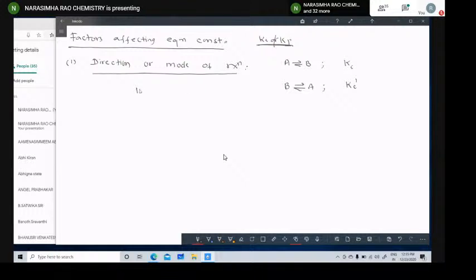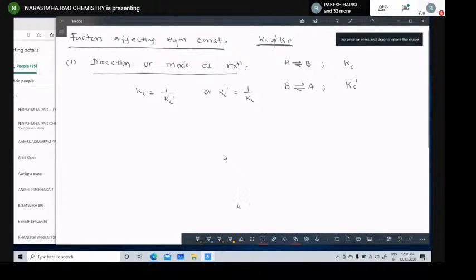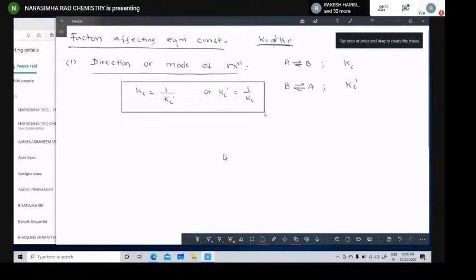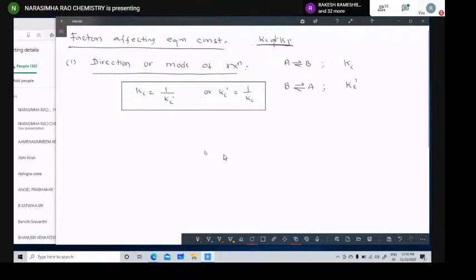Reminder, children: Kc is equal to 1 by Kc dash, or Kc dash is equal to 1 upon Kc, the inverse value. Reminder, whenever the forward reaction Kc value is x, for the reverse reaction it is 1 by x. Banu, do you understand the concept?